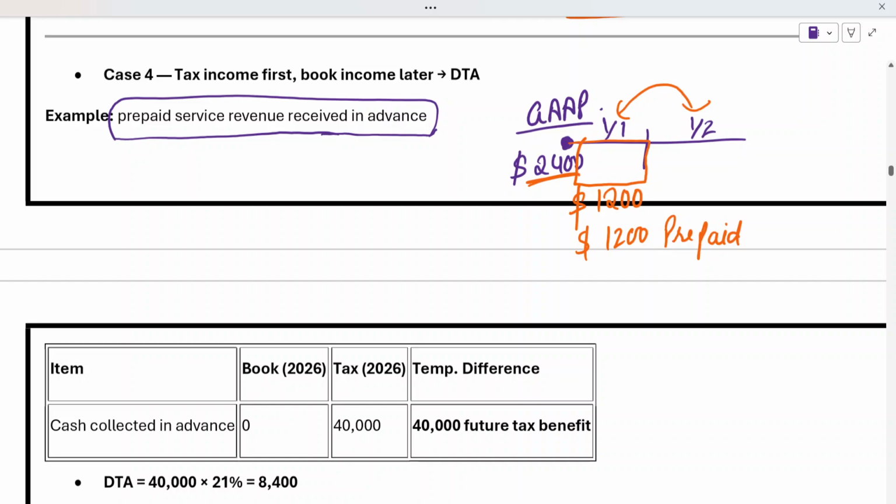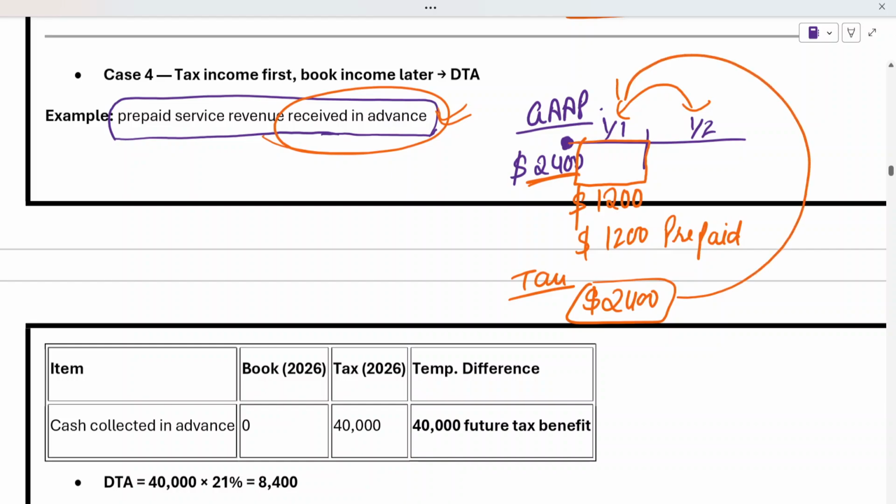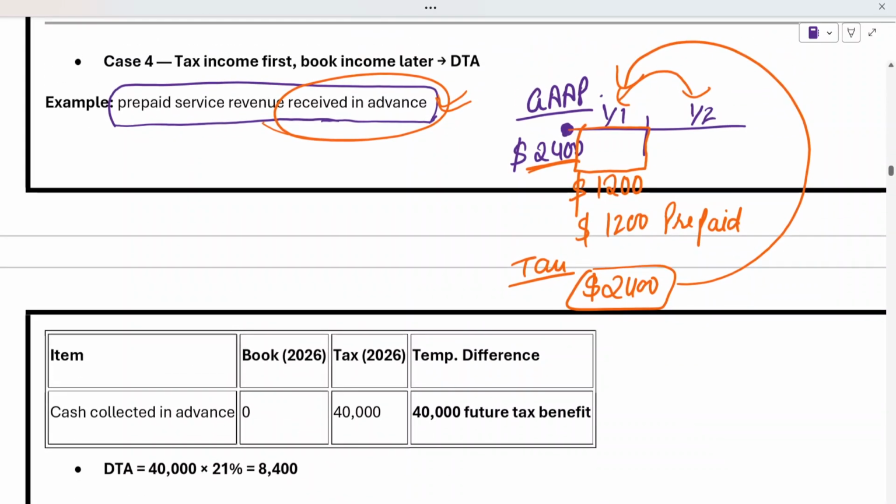But as per tax rules, what will happen? Even though you receive something in advance as rent, this will get taxed. So for tax rules, this 2,400 will itself belong to which year? You will say it will itself belong to year 1. So that's the case wherein the situation arises for this prepaid service revenue.